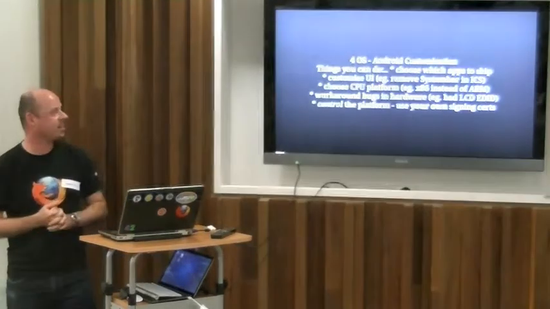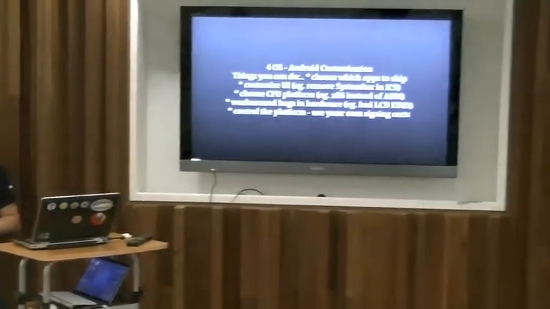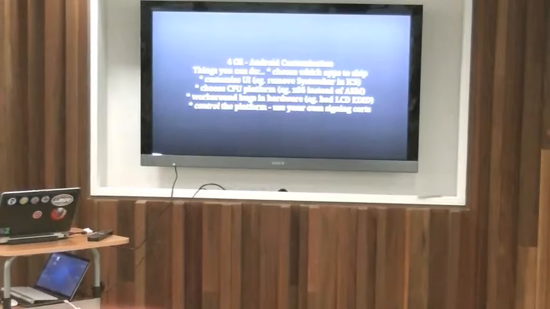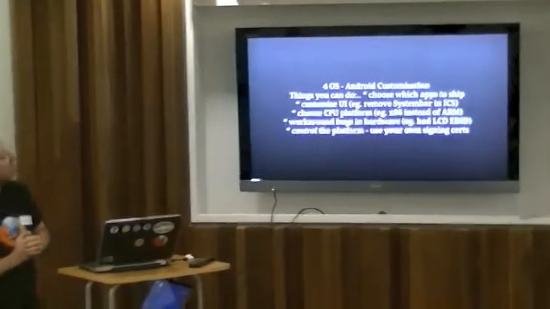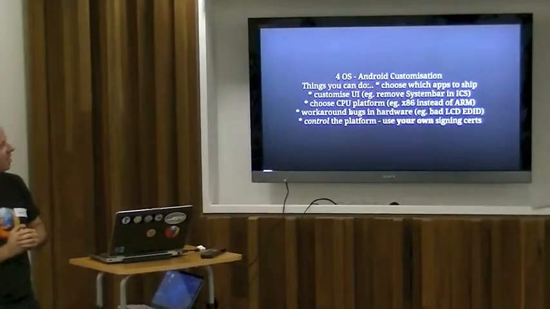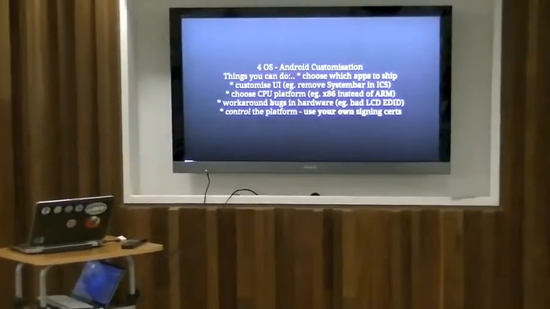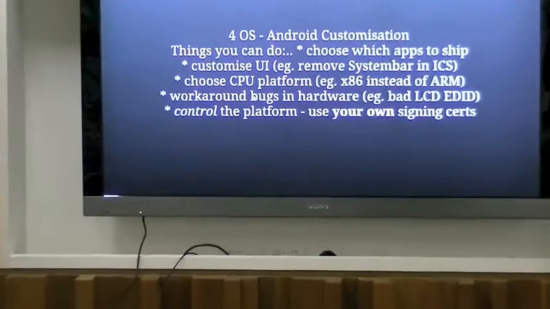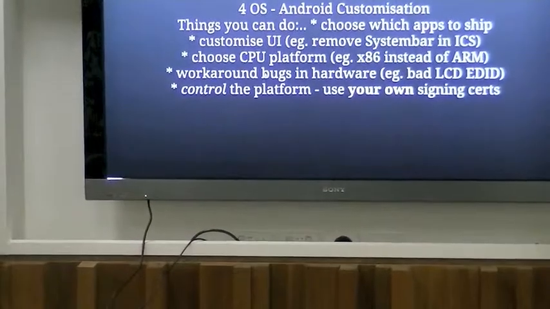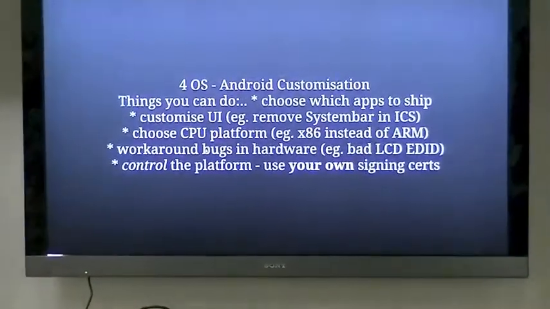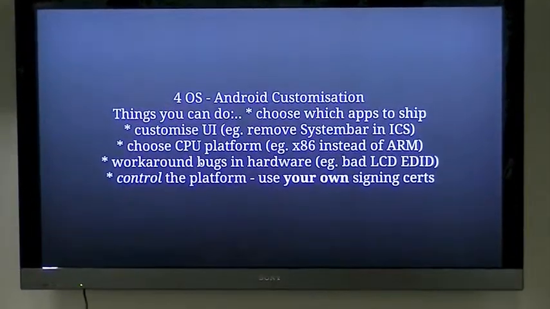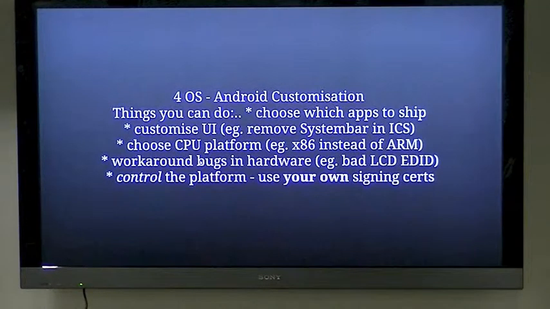Now, when you come down to the lowest levels of the operating system, the kernel, things you can do here are, oh sorry, gone a bit too far. What I should also cover is what you get when you customize the Android framework. The practical aspects of what you get out of it are things like what I spoke about before.